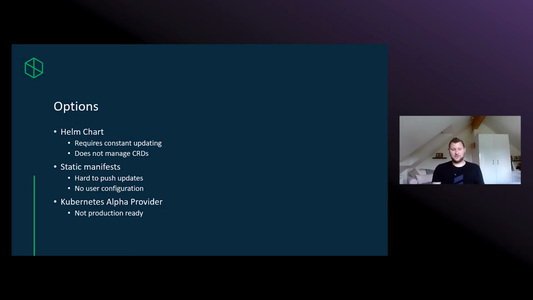And last but not least, you would have the Kubernetes Alpha provider, and we had a look at it, but it really isn't an option as it isn't production ready yet. But all of these three options really don't talk about the other complexities of installing Flux, which is integrating with, for example, GitHub and committing files. So alone, these three solutions wouldn't really solve the problem anyways. You'd still have to do a lot of other work.